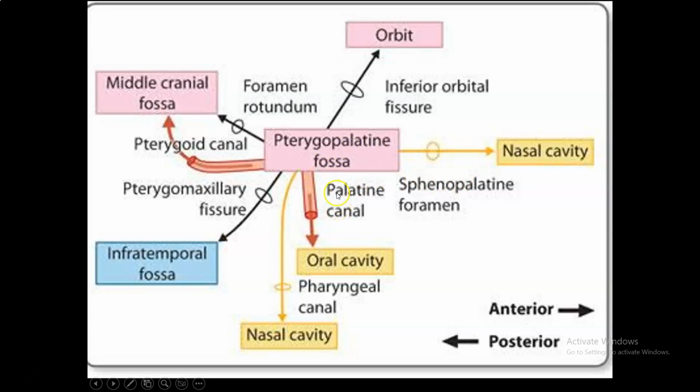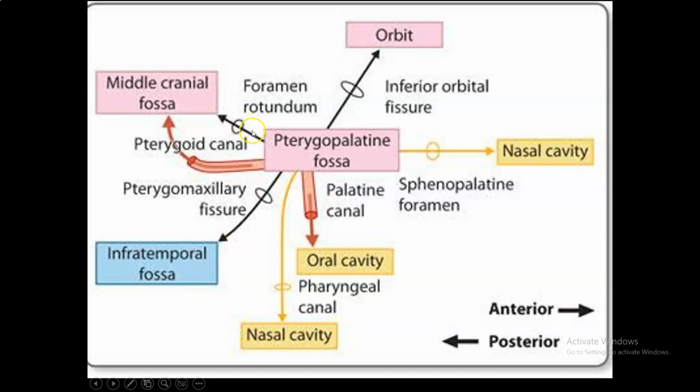There is communication between the pterygopalatine fossa and the oral cavity through the palatine bone called the palatine canal, reaching the oral cavity and the pharyngeal canal. And superiorly, of course, the foramen rotundum. You remember in the roof of the infratemporal fossa we said that the foramina are the foramen ovale and spinosum.